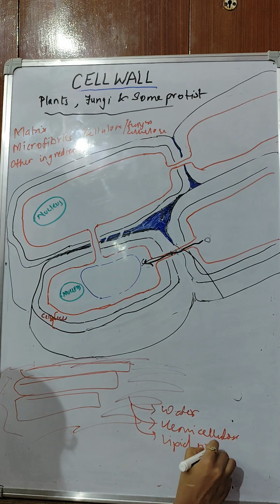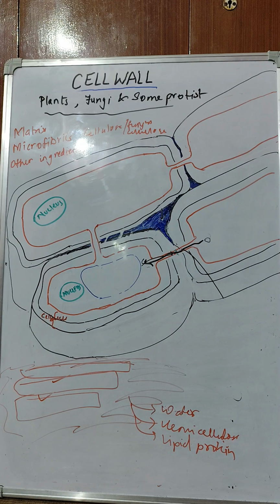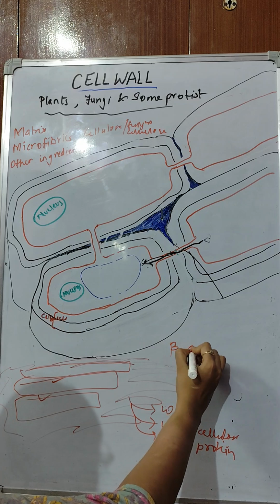So they are lying in this matrix. Cellulose is a polymer of sugar, and the sugar is glucose, and fungus cellulose is composed of beta glucosamine.